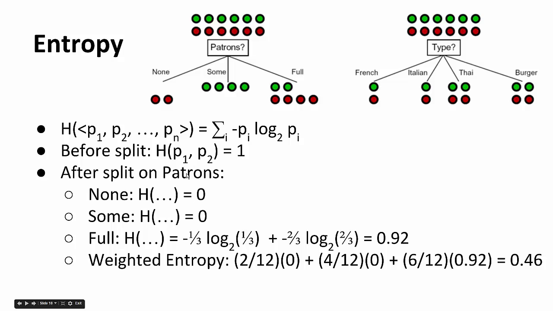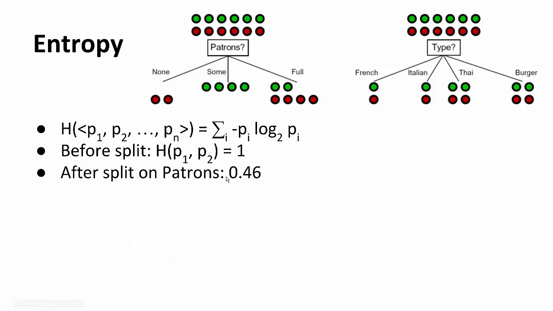So we have 2 in 12 that are going to be classified as none. So the weight for this none entropy is 2 over 12. 4 over 12 are going to be classified as sum. So the weight for sum is 4 over 12. And then 6 over 12 are going to be classified as full. So the weight here is 6 over 12. And then when we take this overall weighted entropy, we're going to be left with 0.46. All right, so let's put in our weighted entropy there.